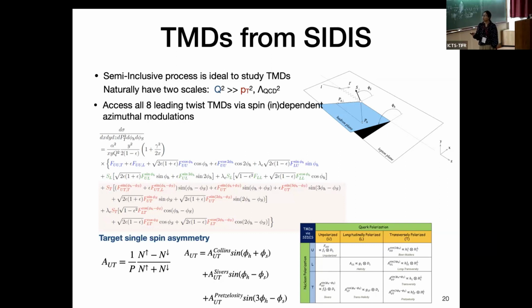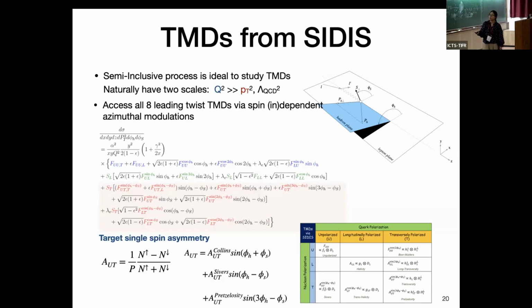When we actually do the measurement, for example, the beam is unpolarized and the target is polarized, and what we measure is the so-called target single spin asymmetry. Collision happens, we measure the final state hadron that we want, and then count the number of hadrons when the target spin is up and down, and that's your asymmetry.